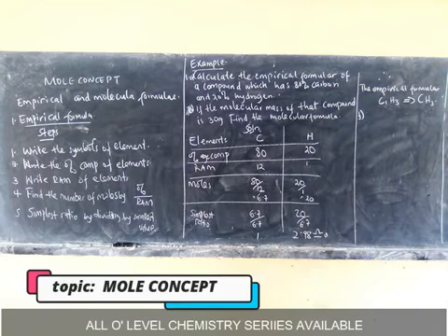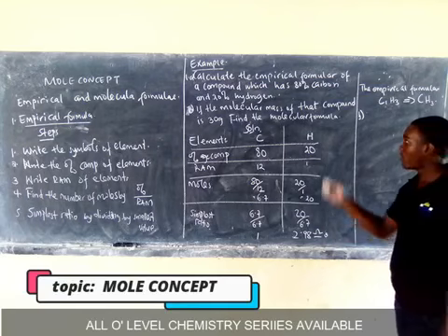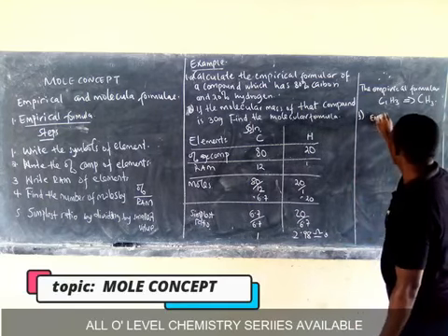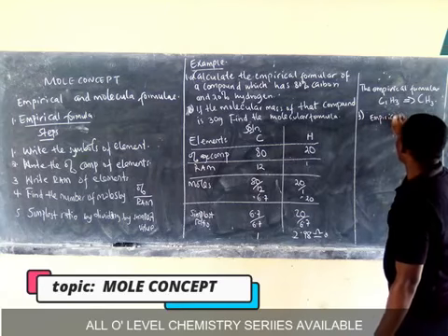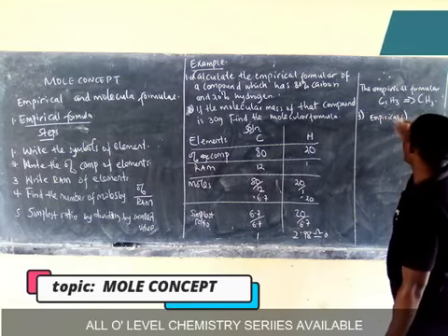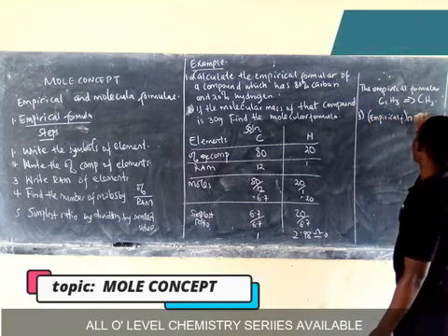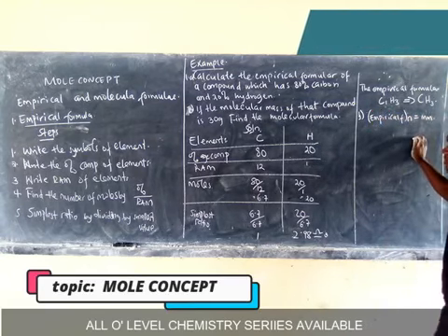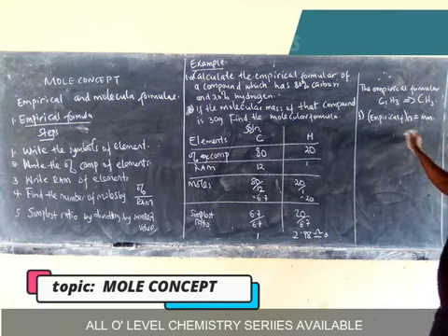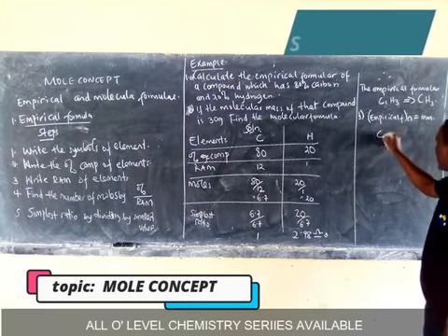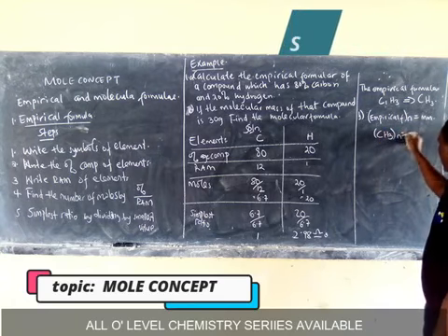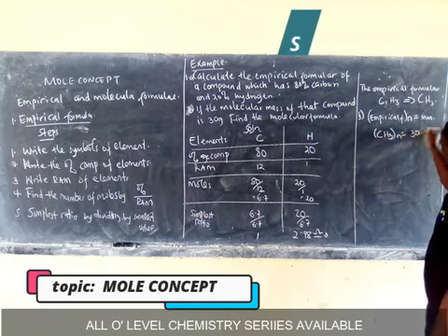Find the molecular formula. If you are supposed to find the molecular formula, I told you, use our formula: the empirical formula times N is equal to the molecular mass. So the empirical formula in this case is CH3 times N is equal to 30.